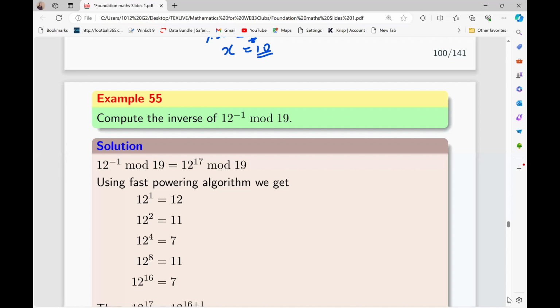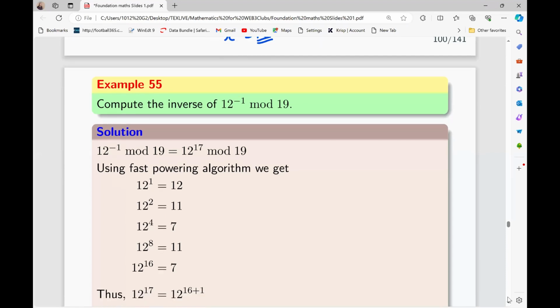I want to find the inverse of 12 mod 19. So again, if this is prime, and if it cannot divide 12, then our method, Fermat's little theorem, comes in. But if this is not prime, then you can never think of Fermat's.